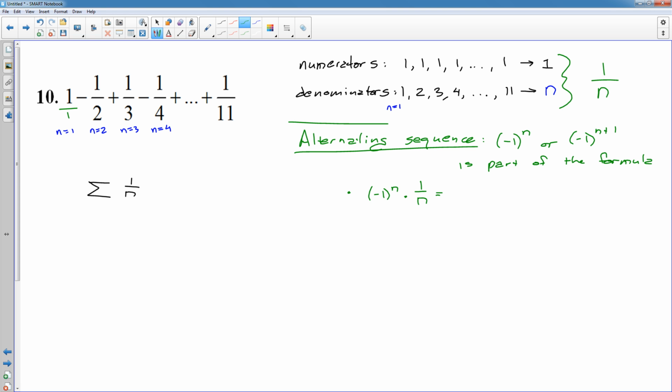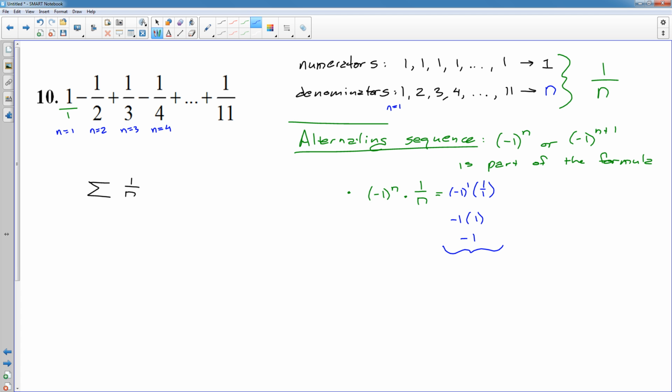If I plugged in 1 for n, if n is equal to 1, -1 to the 1 times 1 over 1 would be, let's see, -1 to the first is simply -1, 1 over 1 is 1, and -1 times 1 is -1.